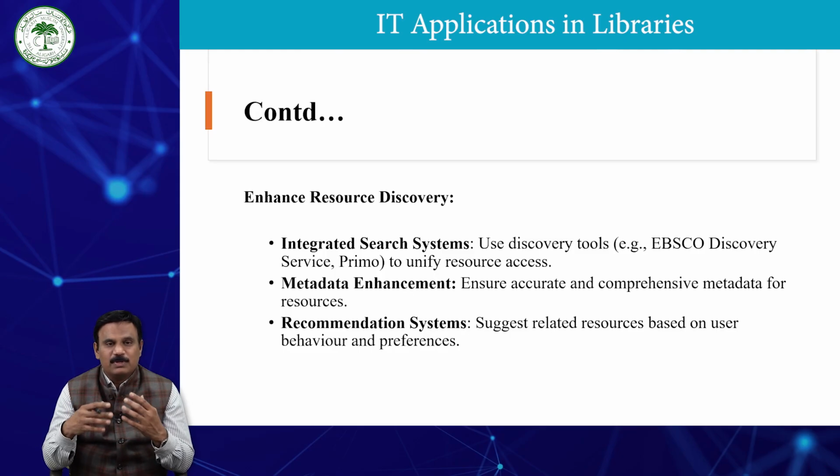Another important aspect for the accessibility of information is metadata enhancement. Ensure accurate and comprehensive metadata for all your e-resources. And we can also adopt recommendation systems to suggest related resources based on user behavior and their preferences so that it will enhance the discovery of information from various databases.